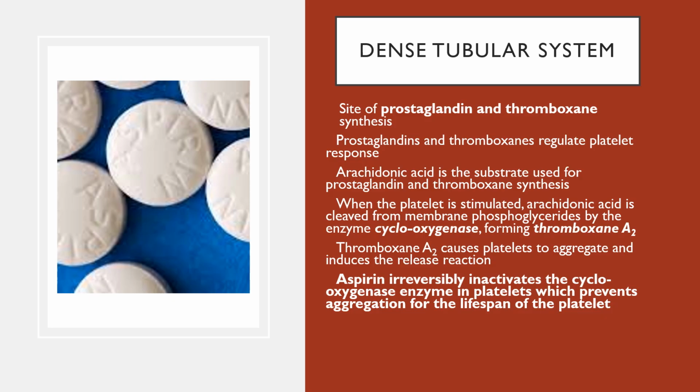So when a platelet is stimulated, arachidonic acid is cleaved from that membrane of phosphoglycerides by the enzyme cyclooxygenase, which forms thromboxane A2. Thromboxane A2 is really what we're after because it causes platelets to aggregate and induces that release reaction, when they release the contents of their granules.